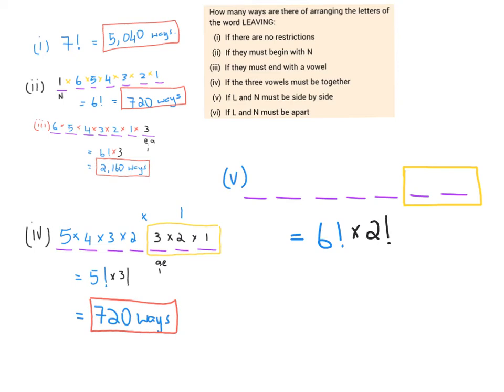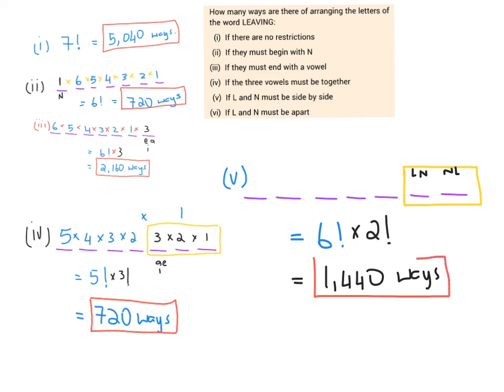Why? Because I could have LN, and then I could have NL, so that's 2 different options there. So then multiplying that out, that gives me 1,440 ways, using again the factorial button on our calculator.